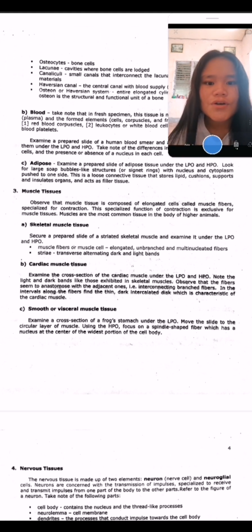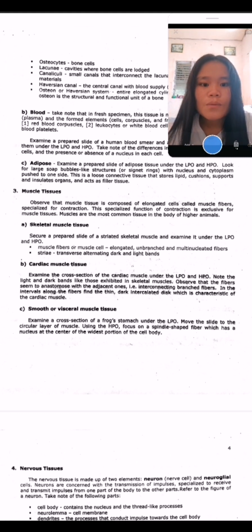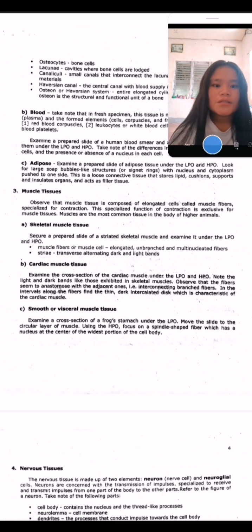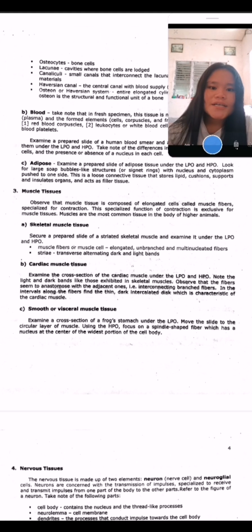Observe that the fibers seem to anastomose with the adjacent ones, interconnecting branched fibers. At intervals along the fibers, find the thin, dark intercalated discs, which are characteristic of the cardiac muscle.